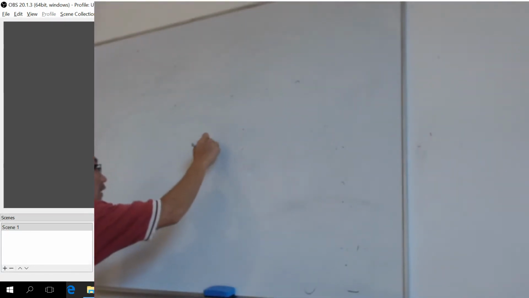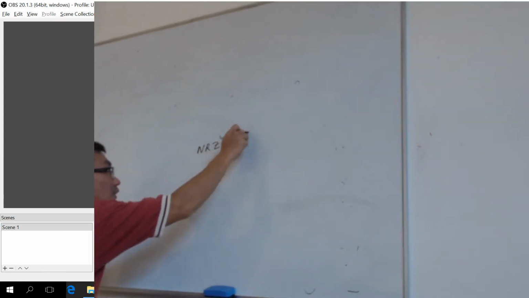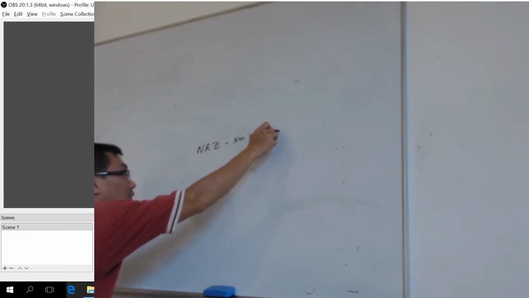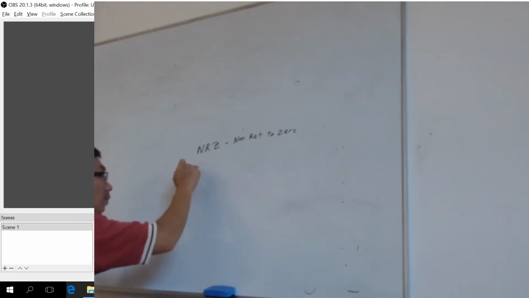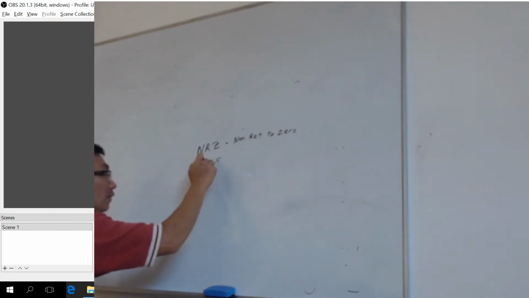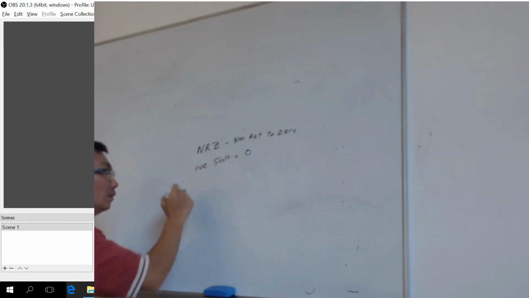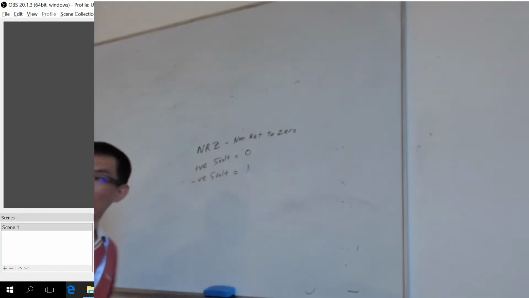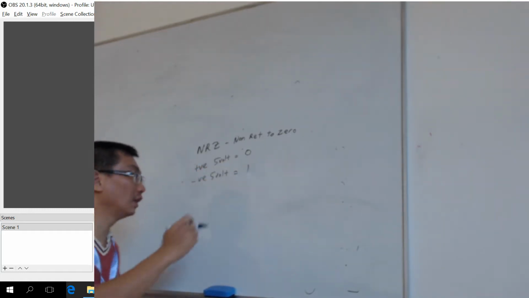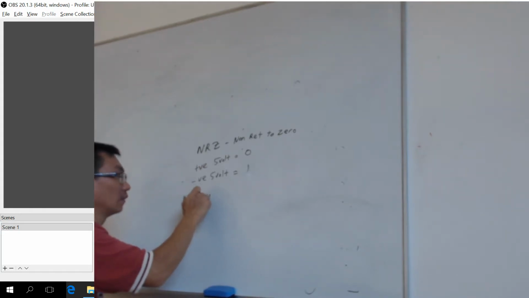Okay, in NRZ, so this is non-return to 0. Meaning that if it's positive, let's say 5 volts, it means 0. Negative 5 volt means 1. What happens if you send all 1?